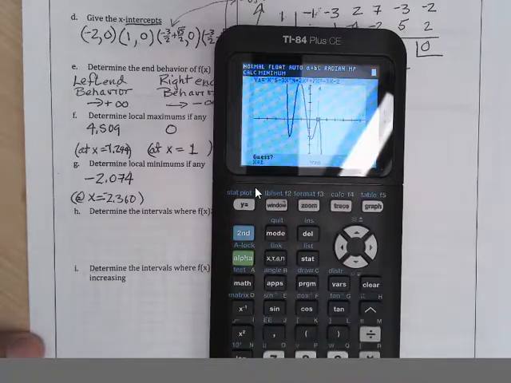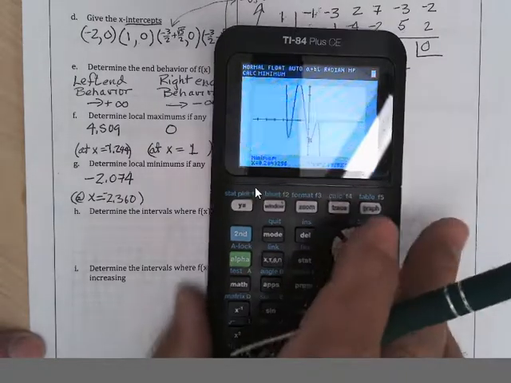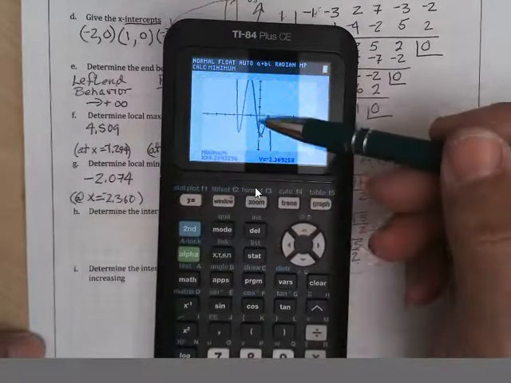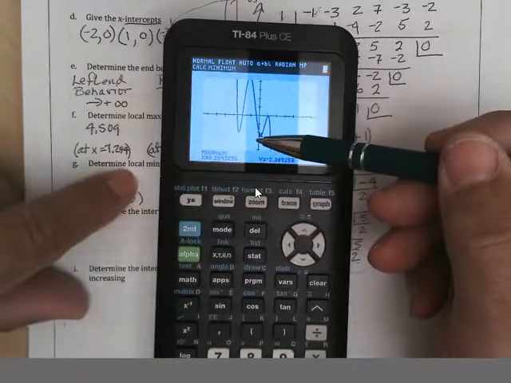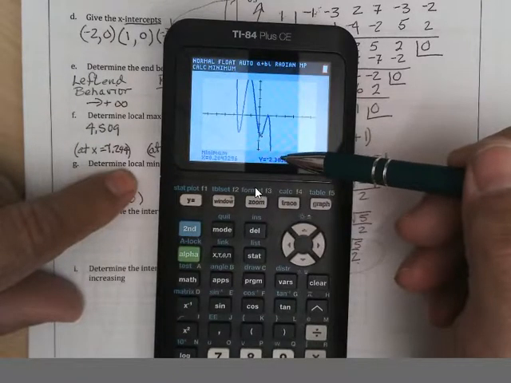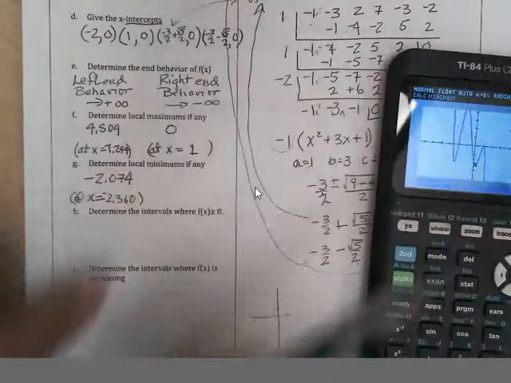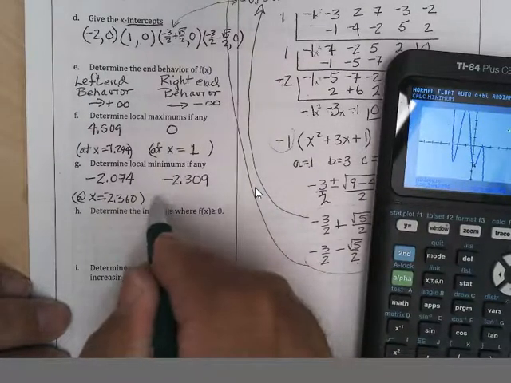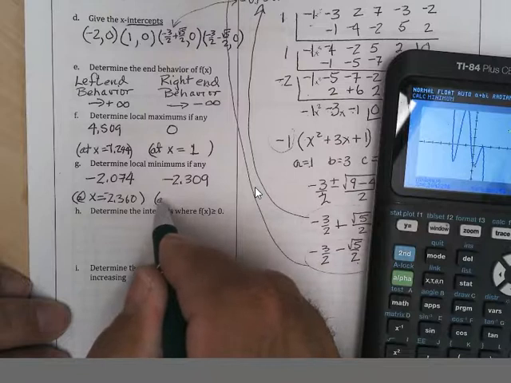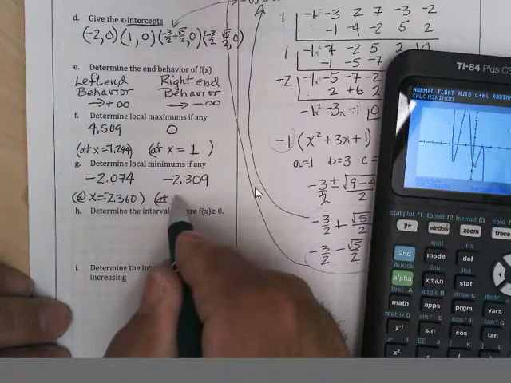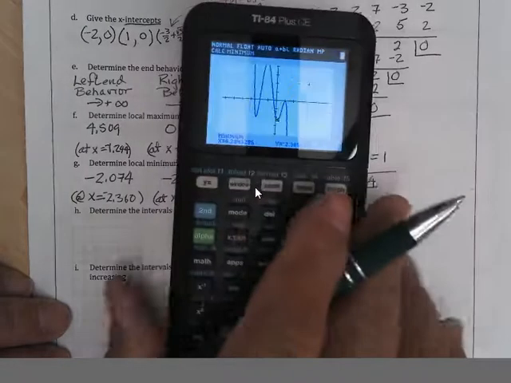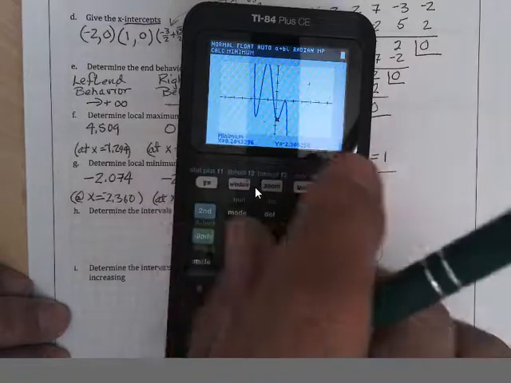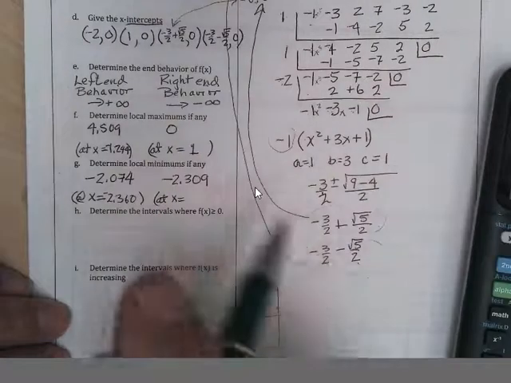It's somewhere between there, and it looks like it's about 0.2, and it says it's 0.204, but the minimum, the height, which is what the minimum is, negative 2.309. Now, like I said, I'm going to keep track of where it's at. X equal 0.204.